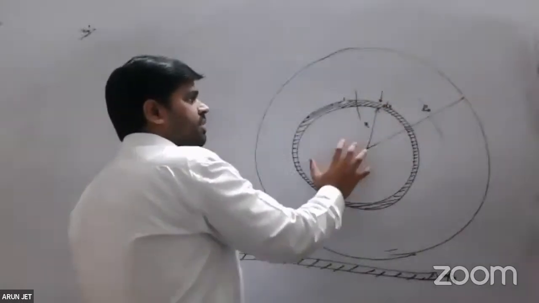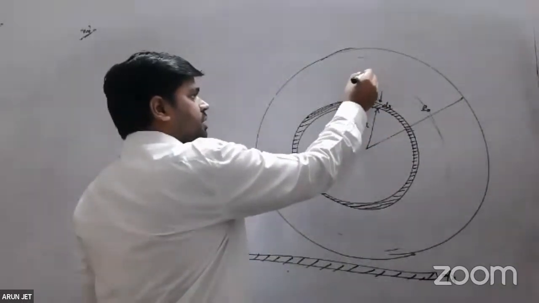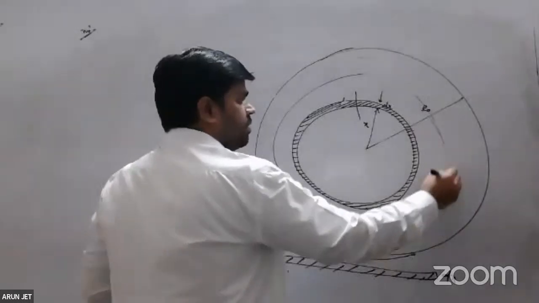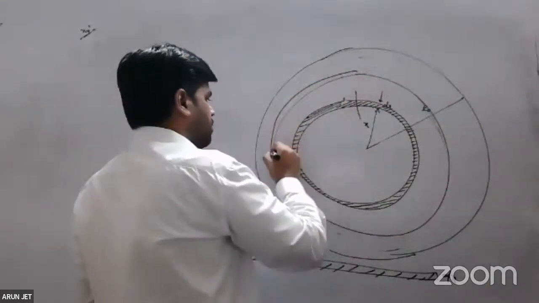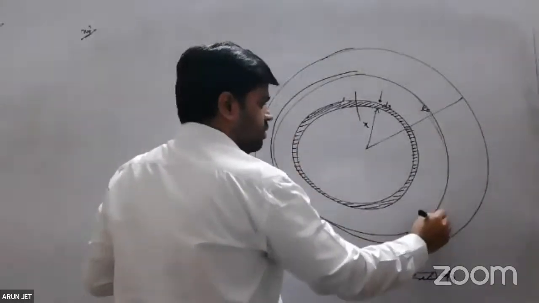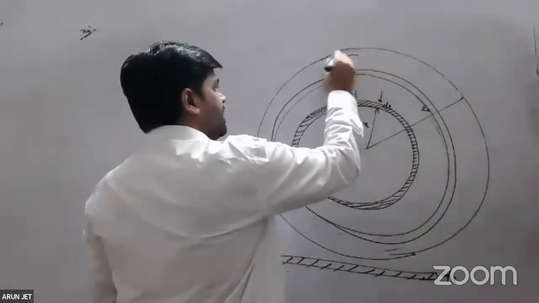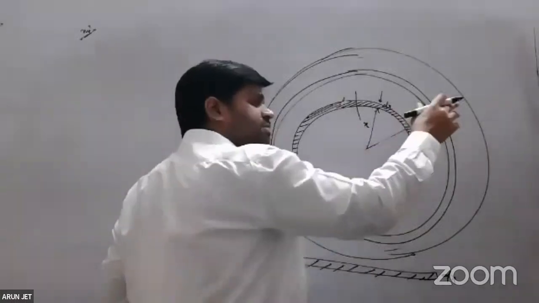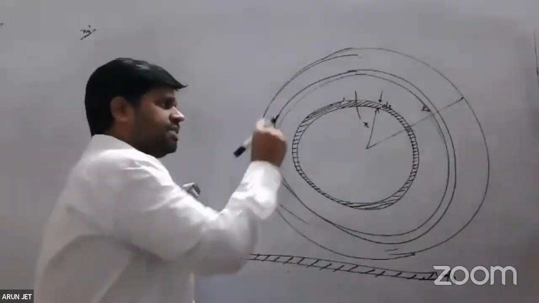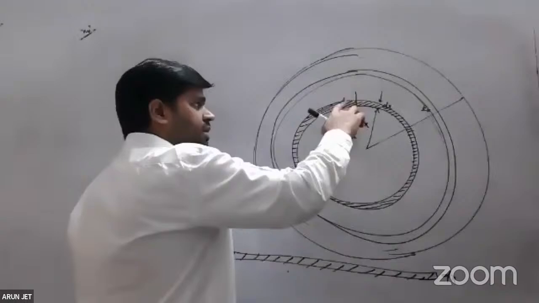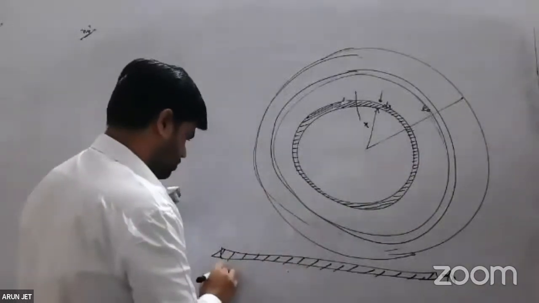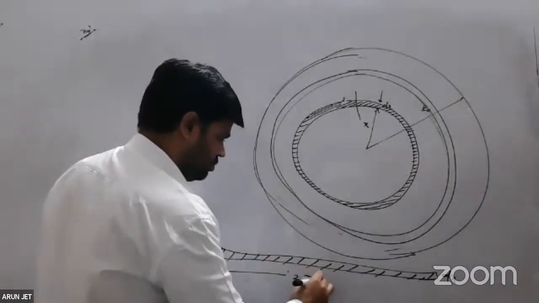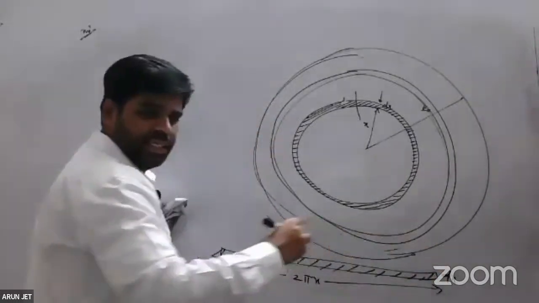As x varies, I get a bigger ring somewhere here. As x varies, I get another ring here. So I get so many rings, an infinite number of infinitesimal rings. Very thin rings. When I cut it open, length is 2 pi x and width is dx.